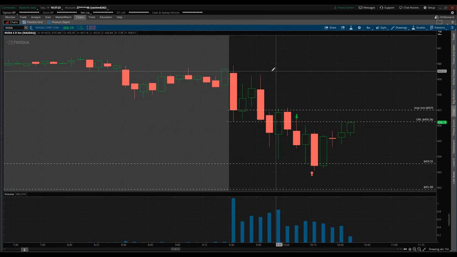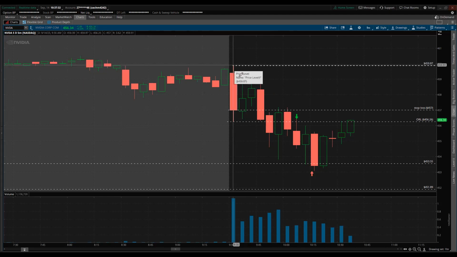We're going to chart the highs and the lows, so we would throw a level up here for the opening range high. For the opening range low, the first three candlesticks represent the first 15 minutes, and this was the opening range low.